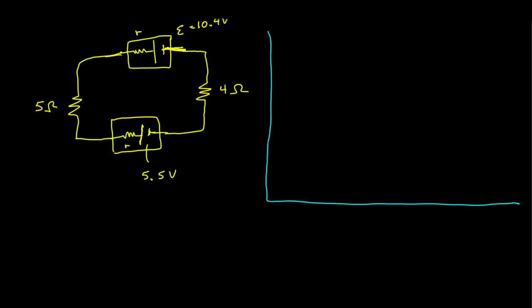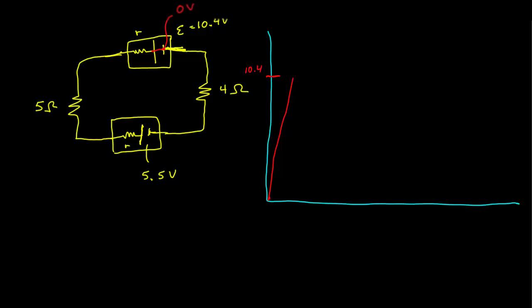Okay, so I'm going to start the same place I started last time, which was here, and call this the zeroth potential. And I'm going to keep going all the way around. Voltage is a function of position as I go around the circuit. The first thing I do is go across this ideal EMF, which gives me a potential increase to 10.4.